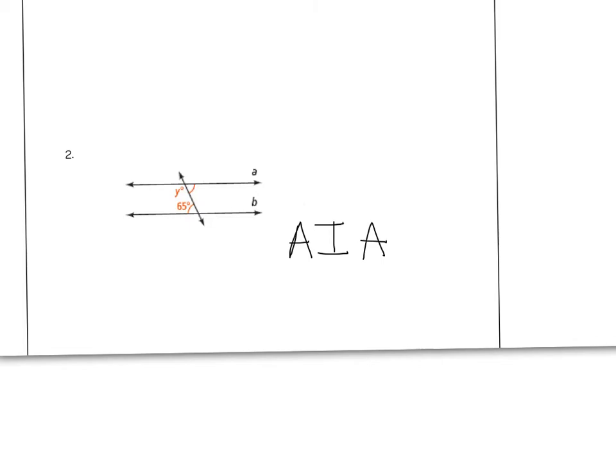So that means in order to say that these 2 lines, A and B, are parallel, I would have to use the converse of the alternate interior angles theorem. Okay? Again, because I'm trying to prove that the lines are parallel, and I can only do that if I start with the angle information first.